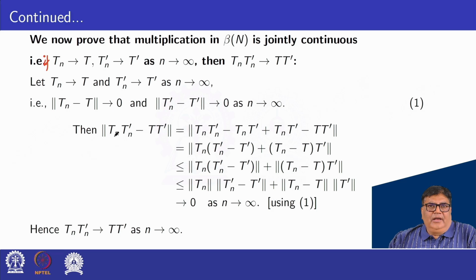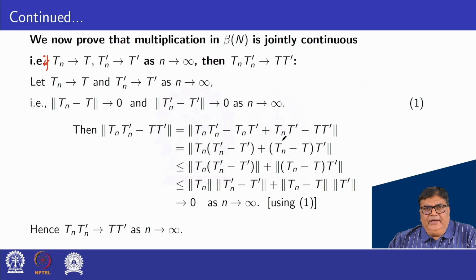Then we have to prove that norm Tn Tn dash minus TT dash tends to 0. This term can be written as follows.